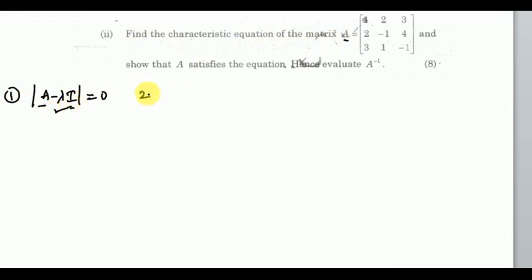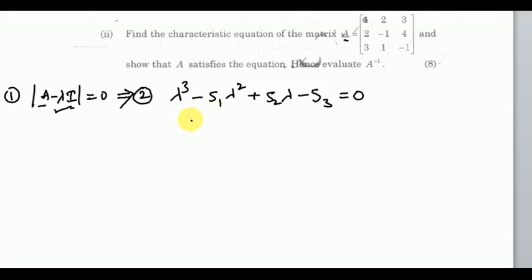Otherwise, the second method is the simplified form of the first: lambda cube minus s1 lambda square plus s2 lambda minus s3, and these concepts are discussed in the previous video.